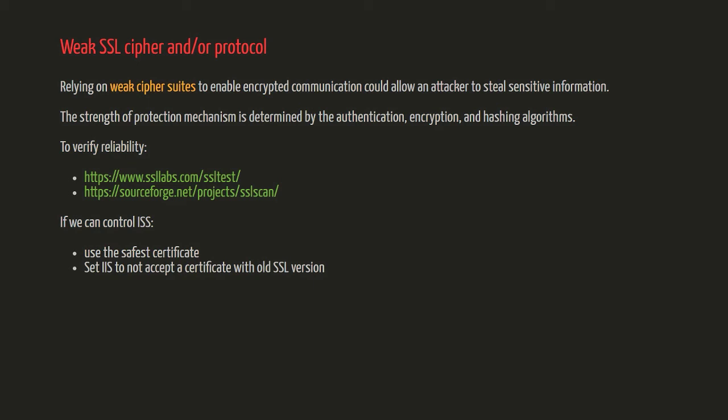And also remember that if you can control IIS, you can set it up correctly. So use the safest certificate and set IIS to not accept a certificate with old SSL version.